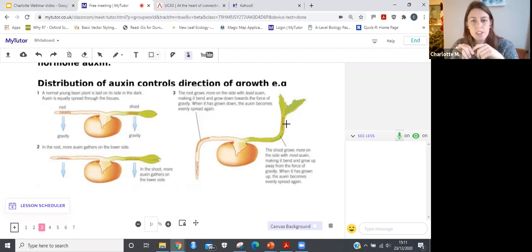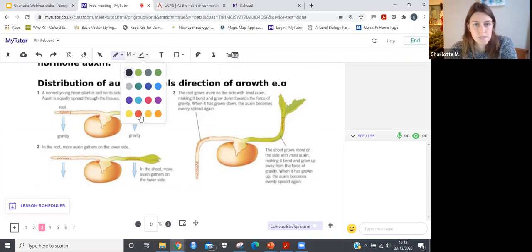The way that I remember it is that a root grows down, so it grows more on the side with the least auxin. A shoot goes up, grows more on the side with the most auxin. So up and most, down and least. That's the way that I remember that. Let's circle that on this slide.